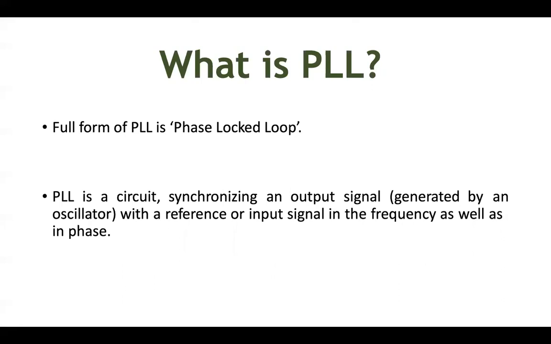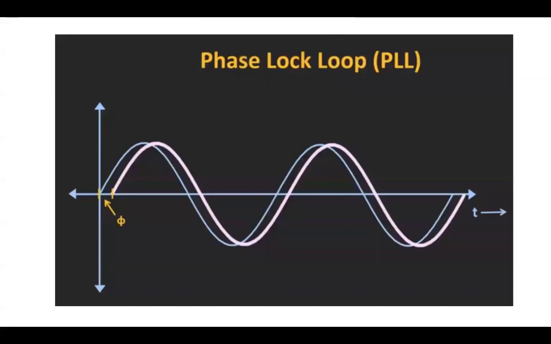So here we are not looking at having a varied waveform, but we are looking at locking the phase at a particular angle, and the output is going to be as constant as possible. That is what is called a phase lock loop. Now here you can see there's a constant phase.